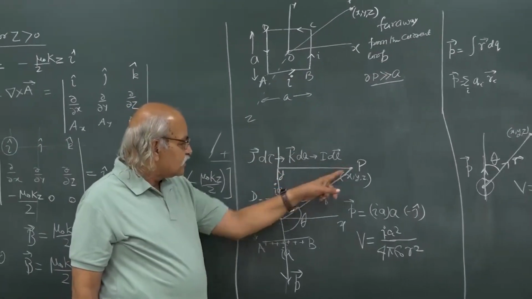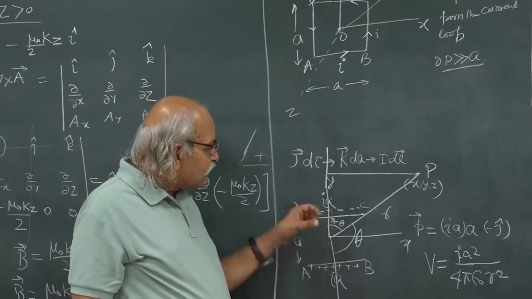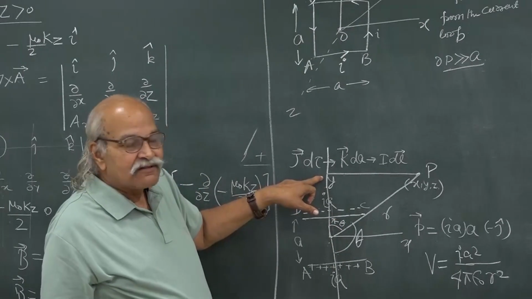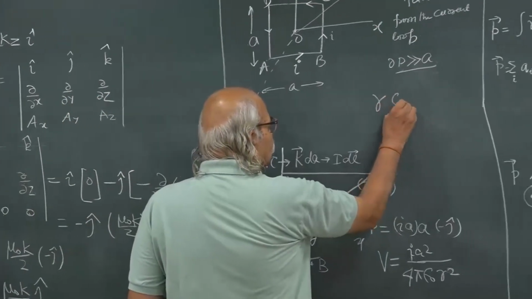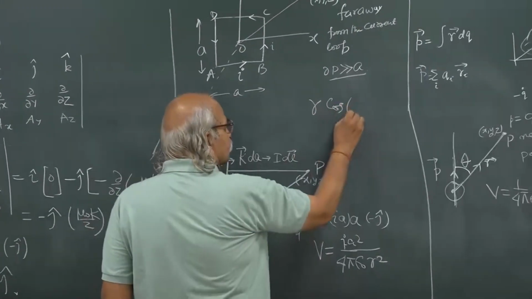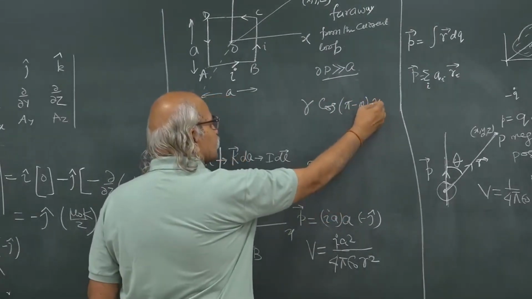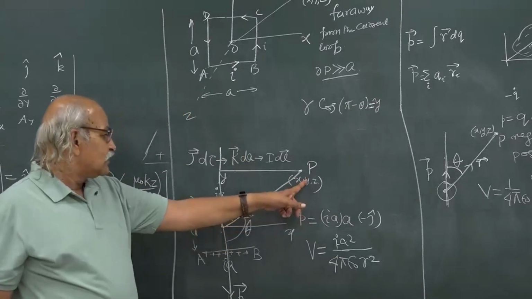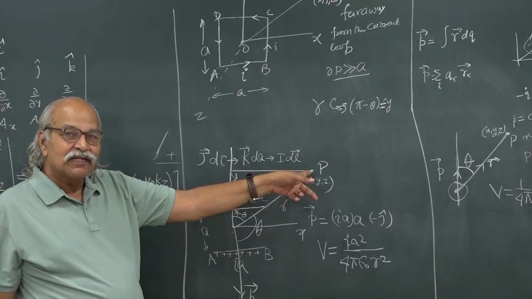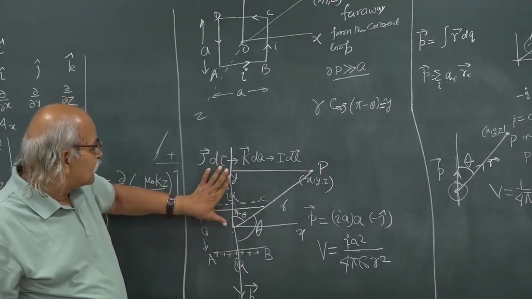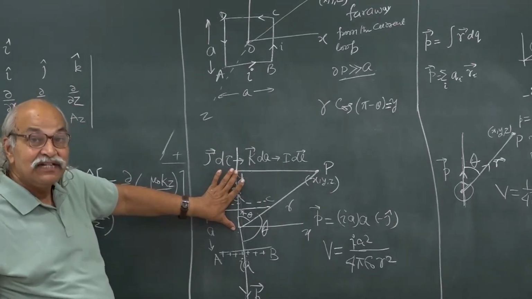So, you have a right angle triangle here, and r times cos of this angle will be this y, the y coordinate. So, r into cos of pi minus theta is actually y. What is the y coordinate? From the point drop a perpendicular on the y axis, then the distance from the origin is y, that is the definition of y.